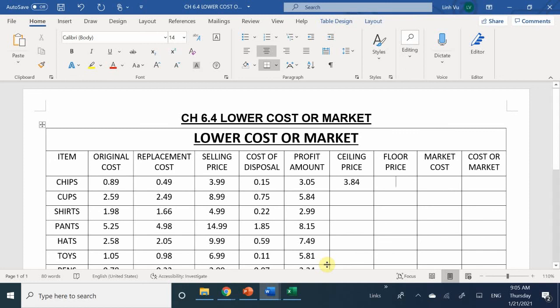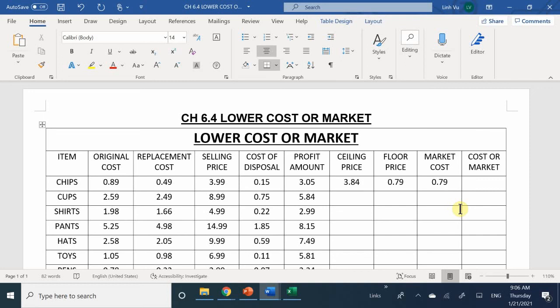Selling price minus profit amount, 79 cents. Comparing my ceiling, my floor, and my replacement cost, which one's going to be in the middle? 79 cents, yes.